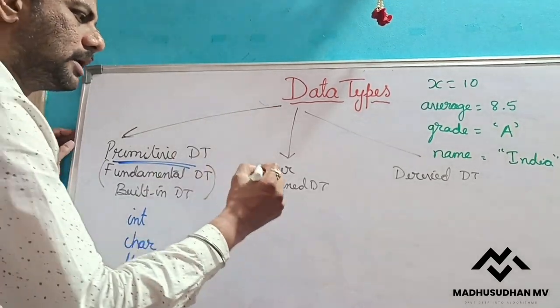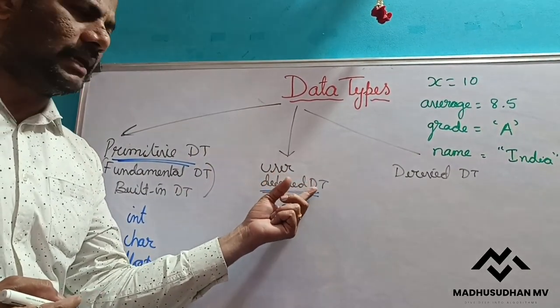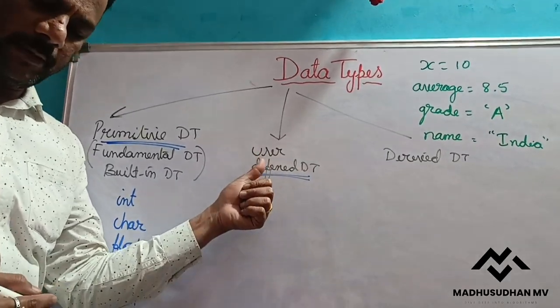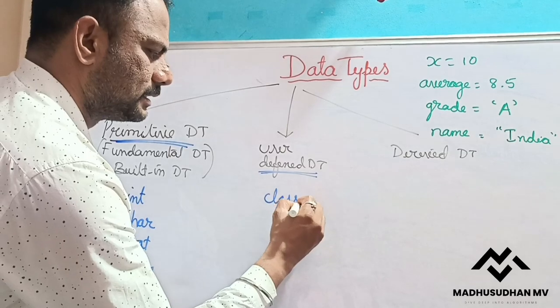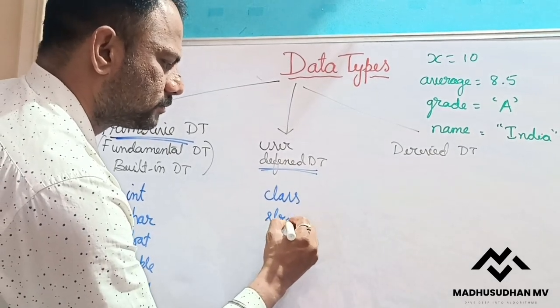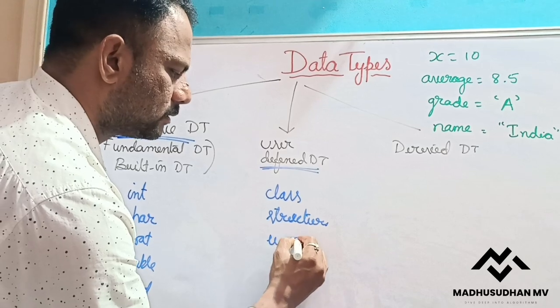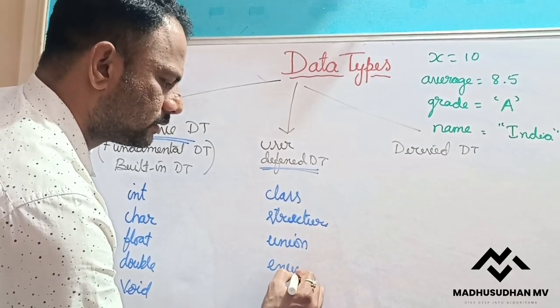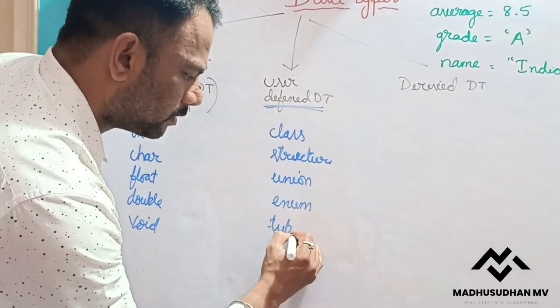Now, before that, next is user defined data. As the name itself explains, these are the data types defined by the users. Which are those? Class, structure, union, enums, and finally typedef.